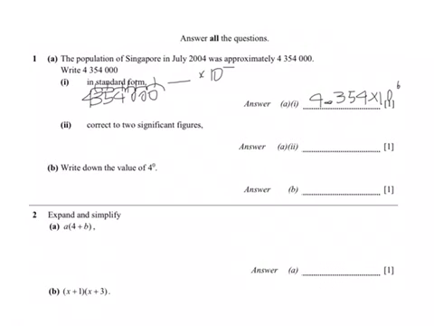Very simple. So for two significant figures, we arrow the first two numbers, and we check the third number. If it's more than 5, then we increase the second number by 1. So it's 4, 4, 0, 0, 1, 2, 3.